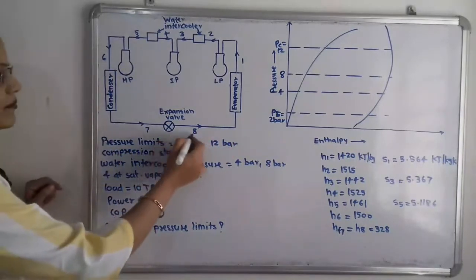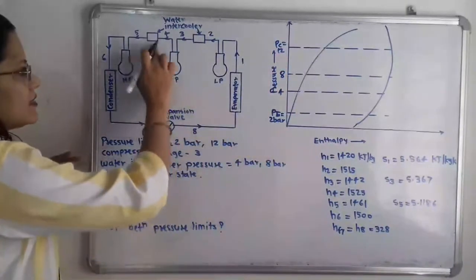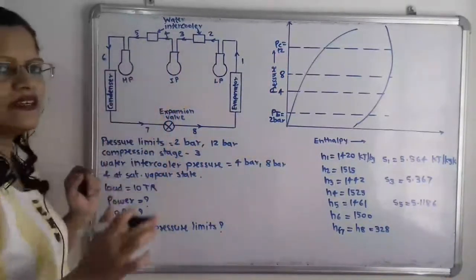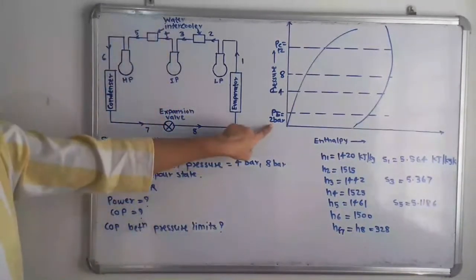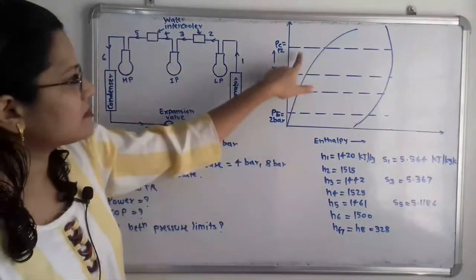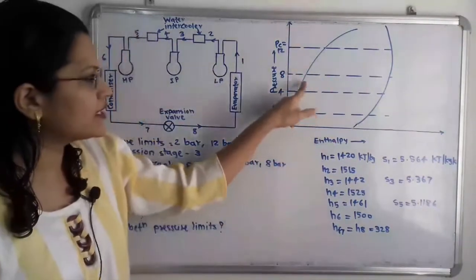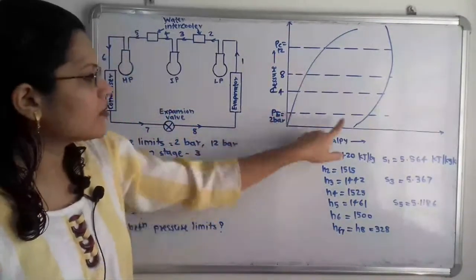That means the minimum pressure is 2 bar and the maximum pressure is 12 bar, and there are no intermediate compression stages. That means from 2 bar the system is compressed directly up to 12 bar. There are no intermediate pressures. So we can easily calculate this compression.